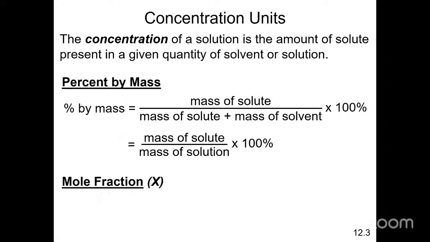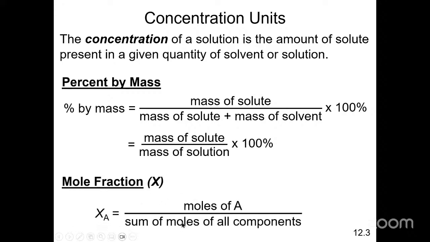And you should have met mole fraction in your general chemistry 1 when you were dealing with the gas laws, right? But you can also apply it to pretty much any mixture, right? So the definition of mole fraction, typically represented by the letter X, is equal to the moles of one component, right? The component that you're trying to find the mole fraction of, divided by the sum of the moles of all the components in the mixture, and that would be the mole fraction, all right?